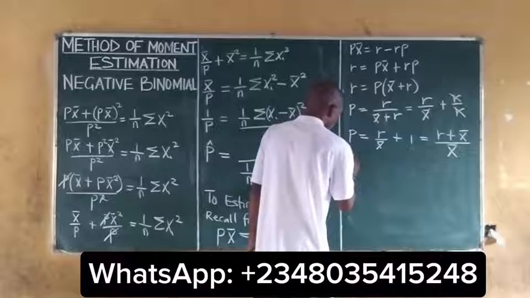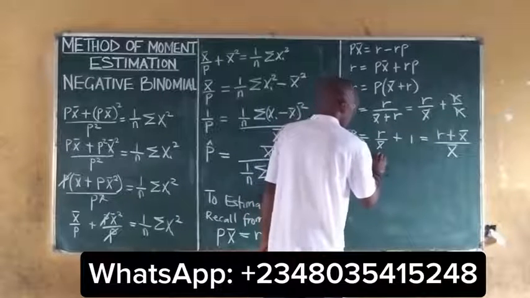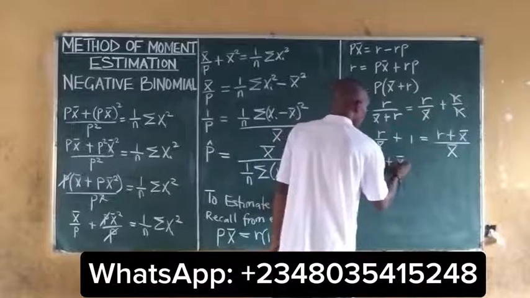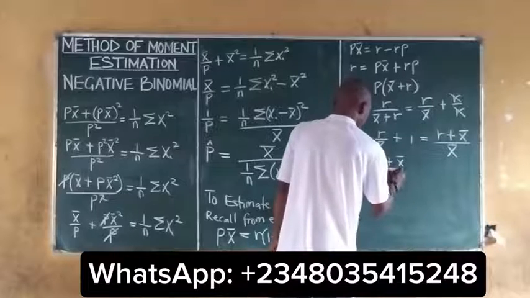So we have our P equal to R plus X bar all over X bar.